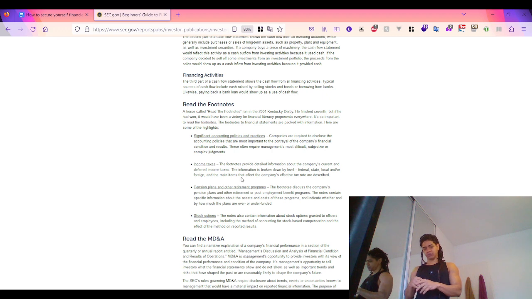Especially because most of these companies have grown exponentially, they have become multinationals, and to make this financial statement transparent and easy to share, they created these standards.